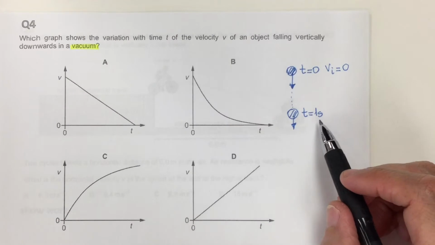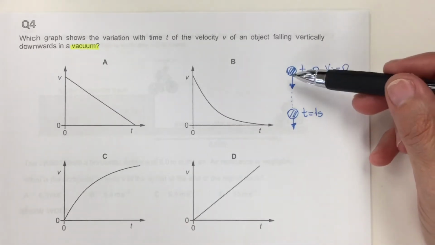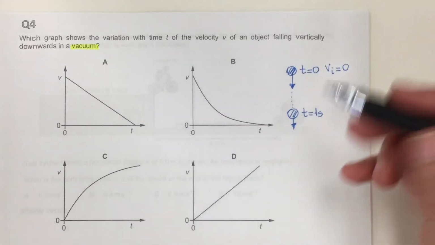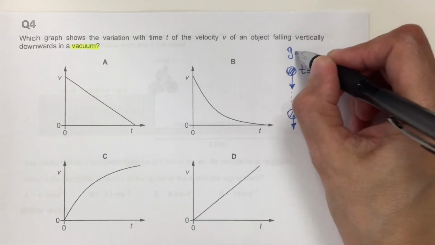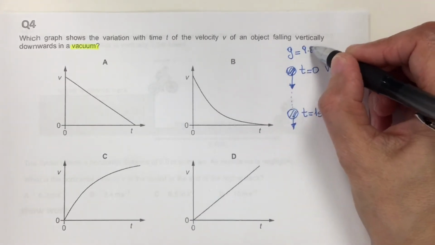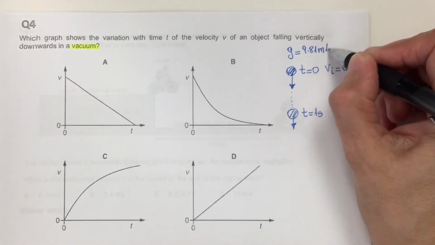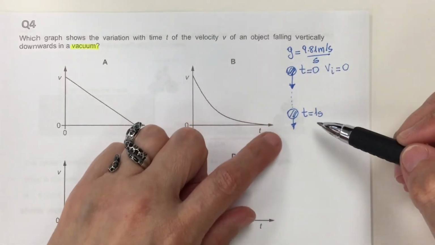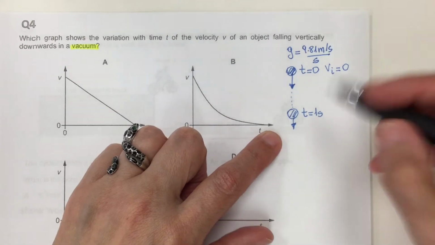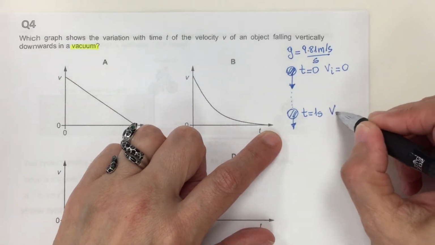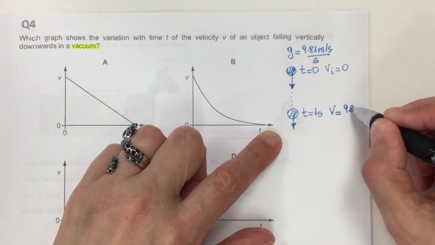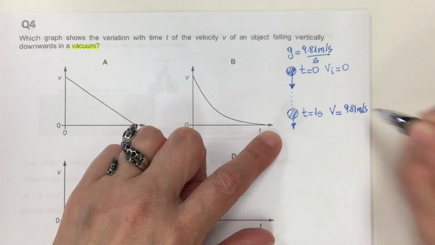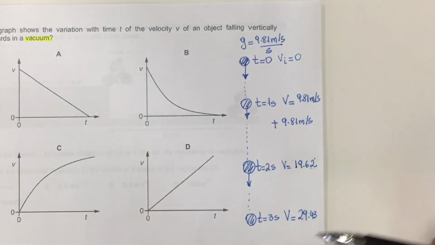After 1 second, because this object is falling with acceleration of gravity, which is 9.81 meters per second every second, the velocity here now is 9.81 meters per second. And so on.